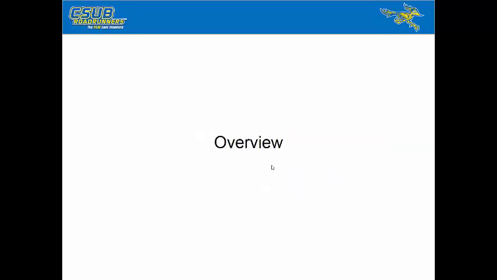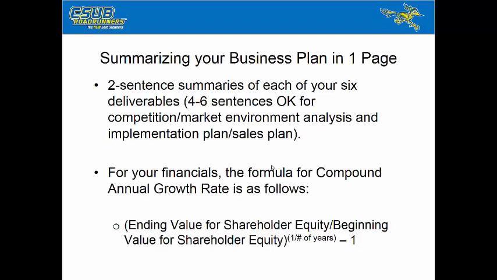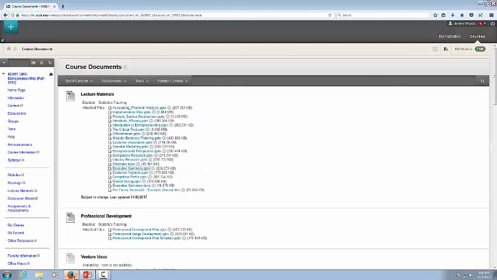of the executive summary. So the overview section, like I've explained to most of the groups, but I'll explain again here, is about 2 sentences to summarize each of your 6 key deliverables. So 4 to 6 sentences are okay for the competition market environment analysis and the implementation sales plan. You can have a little bit more there, but basically I want 2 to 4 sentences on each of these areas that are in the template.